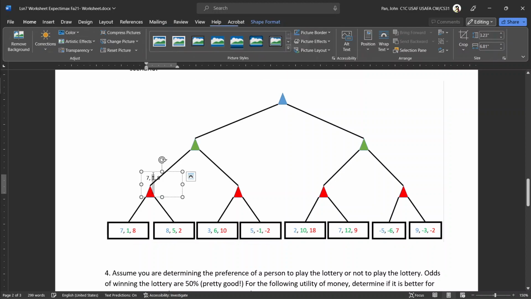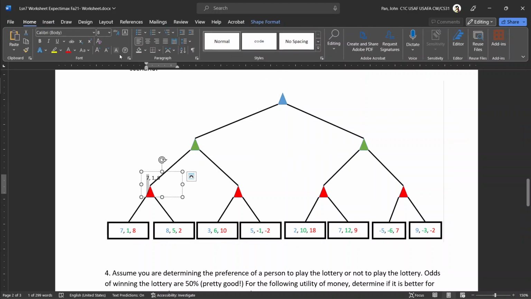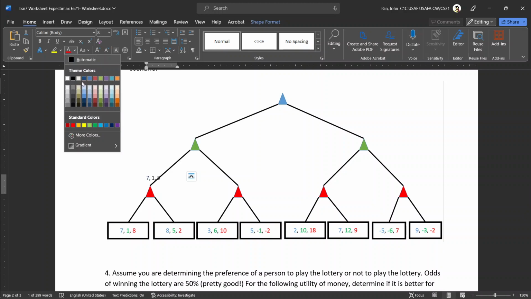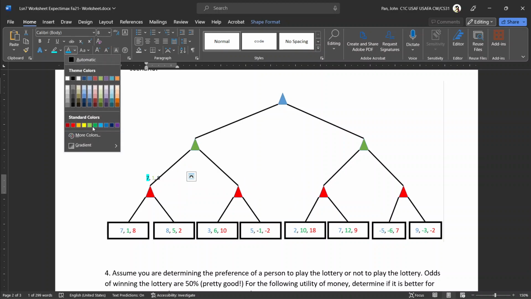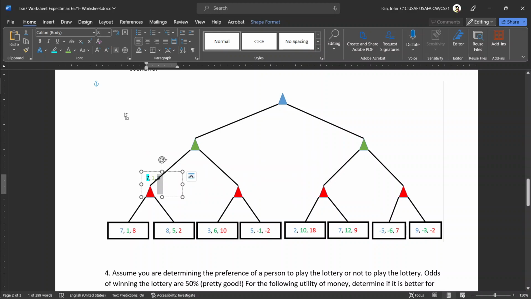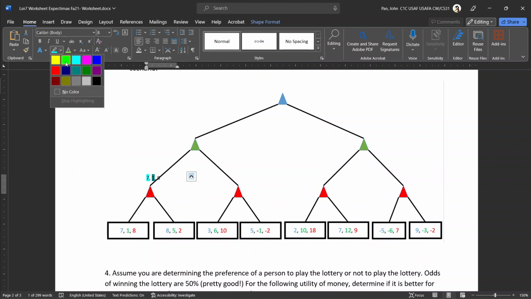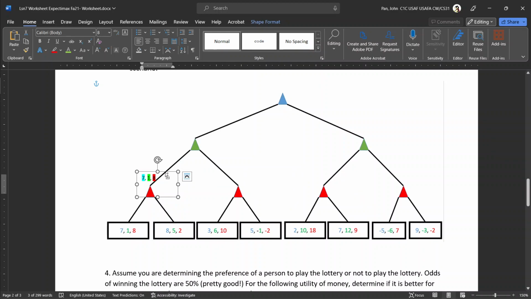And let's see, I will color code it with highlighter. Green. And red. That's just a little easier to see. Colorblind folks like me need all the help they can get.